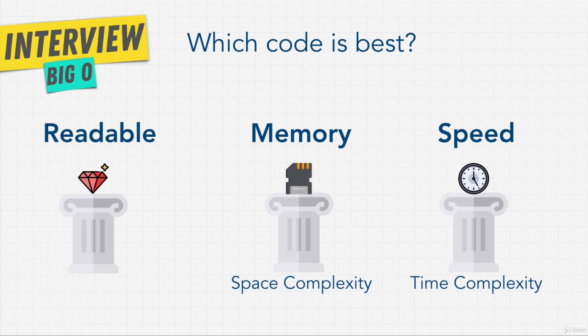Now, time complexity and space complexity. Time is how long it takes the algorithm to run, and space is the memory that is required by the algorithm. The important thing that we learned here is that Big O is about how you can scale.